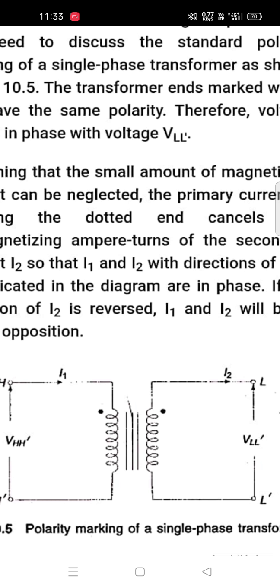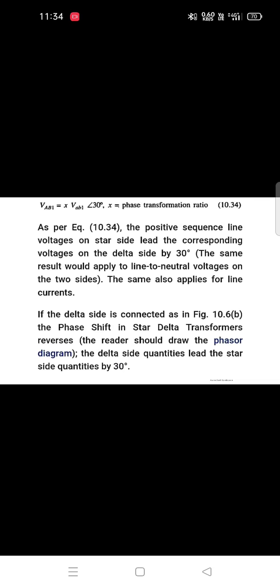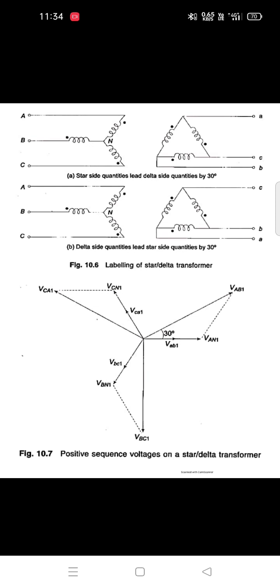Now consider a star delta transformer with terminal labeling as indicated like this. Here the windings shown parallel to each other are magnetically coupled. Assume that the transformer is excited with the positive phase sequence voltage and carries positive sequence current.